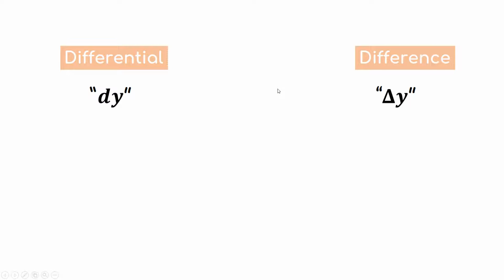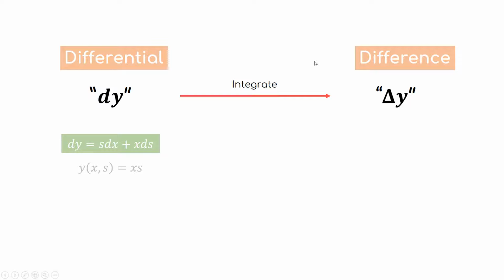Another question you might ask is, how are differential and difference related? You can go from one to the other by doing integration. Let me give you an example. If you have a differential dy equal to s dx plus x ds, you can work it out, but essentially the function y is just xs. If you integrate dy from point A to point B, what you get is a difference.